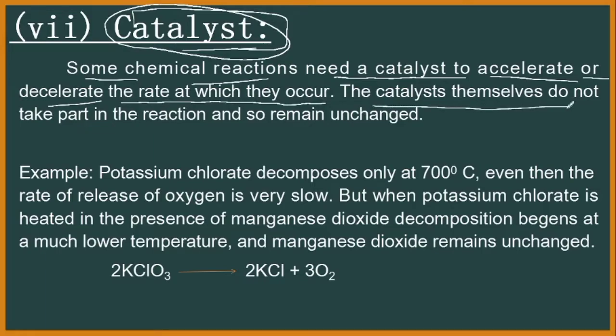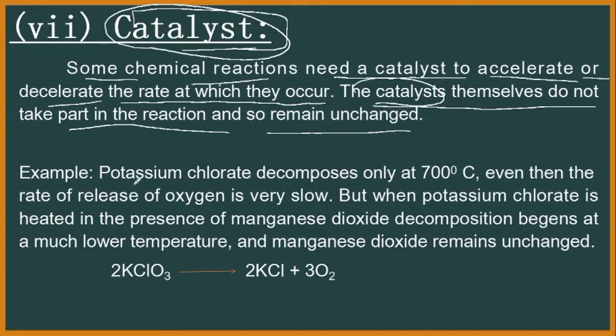The catalysts themselves do not take part in the reaction and so remain unchanged. That means whenever you use a catalyst in a chemical reaction, at the end you get the same catalyst again. There is no change in the composition of the catalyst, so it remains as it is.